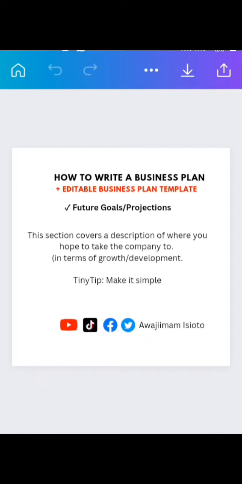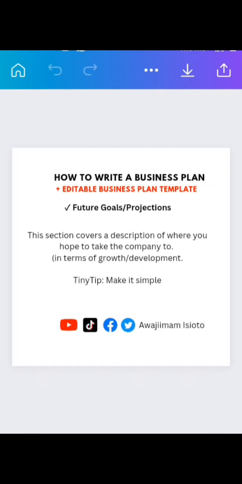No, you want to have a projection, a vision for the business in terms of growth, in terms of your finances, in terms of number of sales, in terms of the development of your business. If you're just starting out, there's no need to have this. If you don't have an idea of what you want your company to look like, there is no problem. Just make sure it is simple.